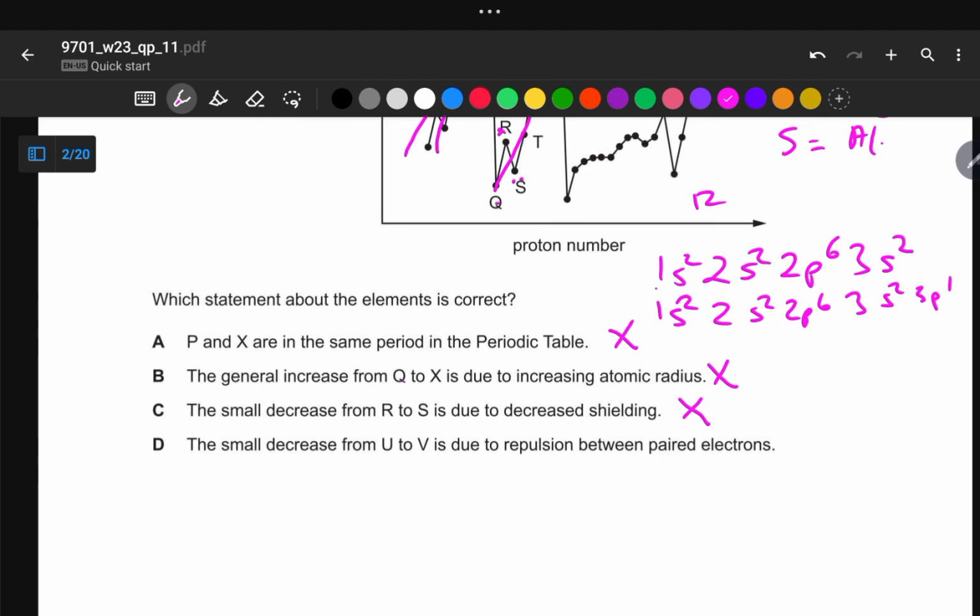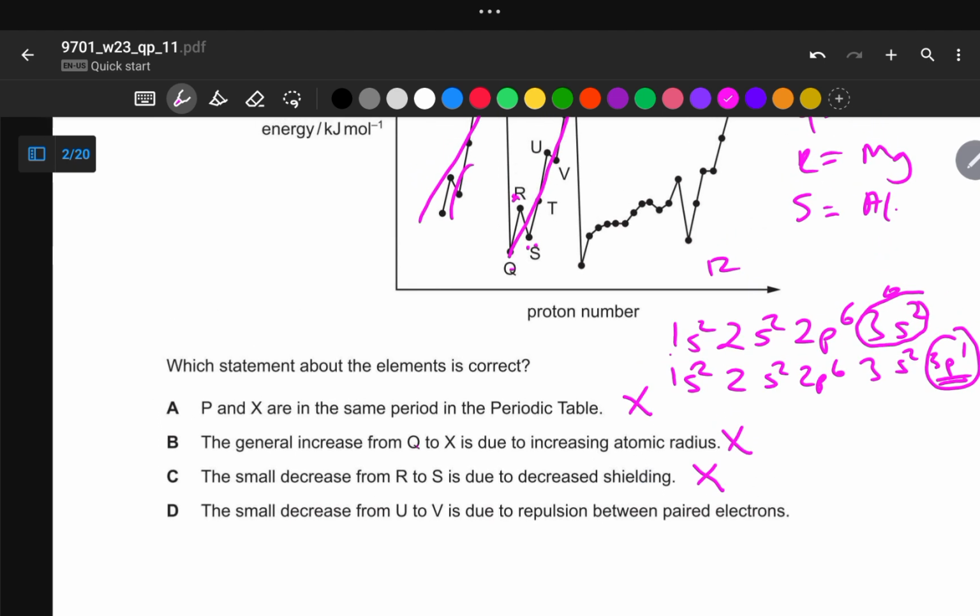The electron to be removed in aluminium is in the outer orbital, which is relatively far away from the nucleus, experiencing lesser nuclear charge, whereas the electron to be removed in magnesium is in the 3s orbital, which is closer to the nucleus. So this electron experiences a larger effective nuclear charge compared to this one. That's why R has a higher ionization energy compared to S.